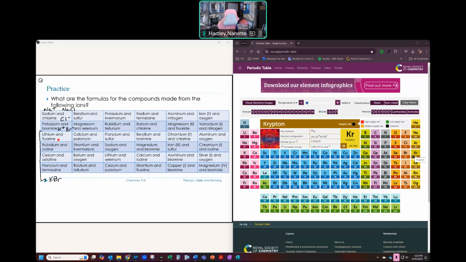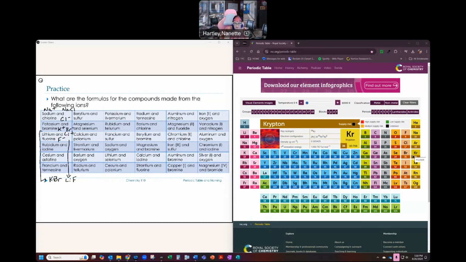Lithium and fluorine. Again, lithium is an alkali metal, so he's also going to be an Li+. Fluorine, being a halogen, is going to be an F-. So if I have an Li+ and an F-, he's going to be an LiF. All right.